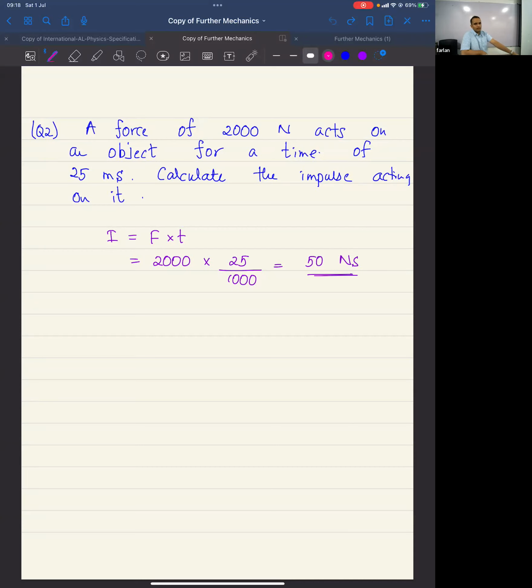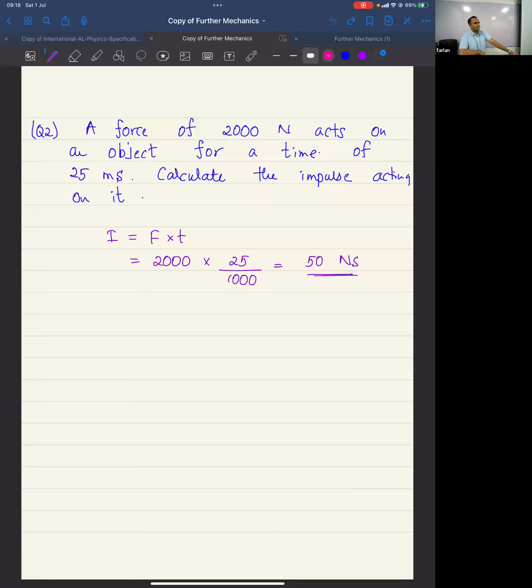What is Newton's second law? F equals ma, where F is the resultant force, m is the mass of the object, a is the acceleration. There's another form of Newton's second law that we have learned in AS levels, something to do with momentum and a rate of change of something.